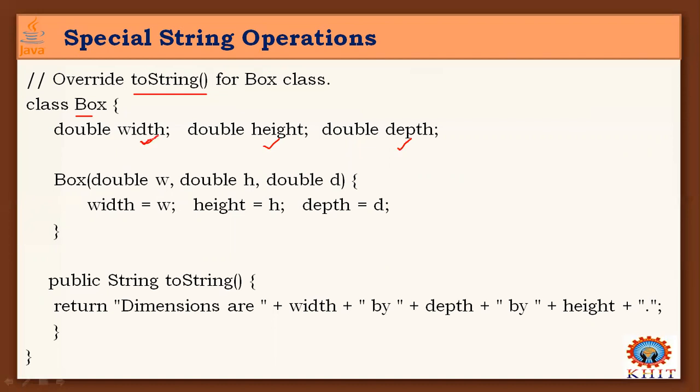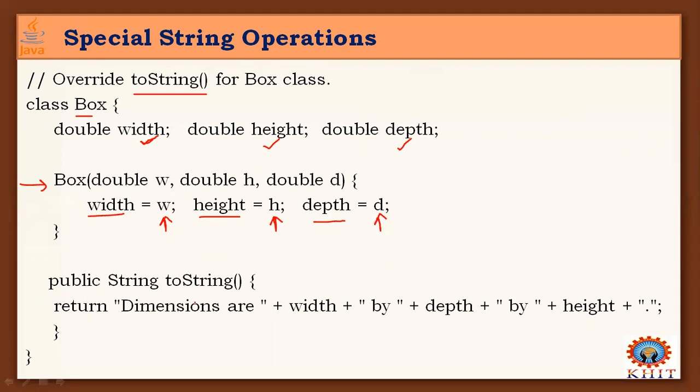These three different values represent the object and are used to calculate the volume of the box. I have a constructor here to initialize these instance variables with the values given to the constructor when the box object is created.